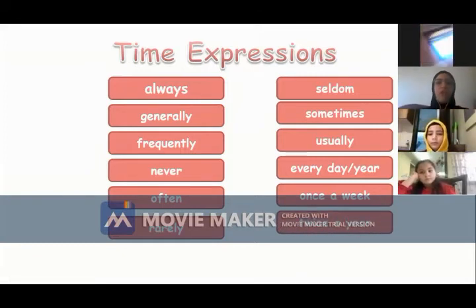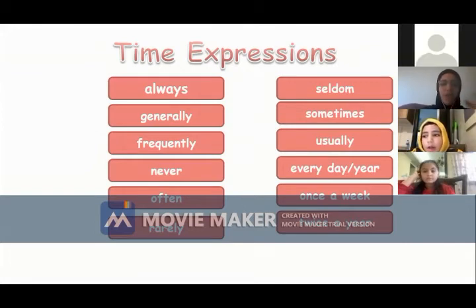All of these are called time expressions or frequency adverbs because they describe the verb, or tell when the action happened. And these words are used with the simple present tense.